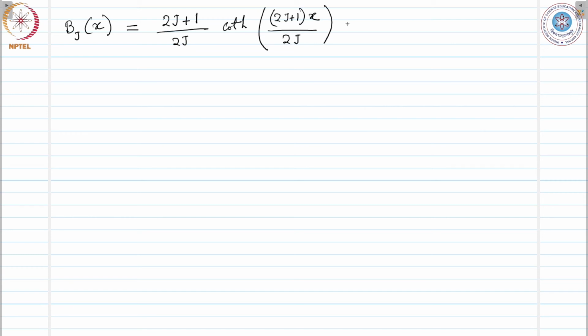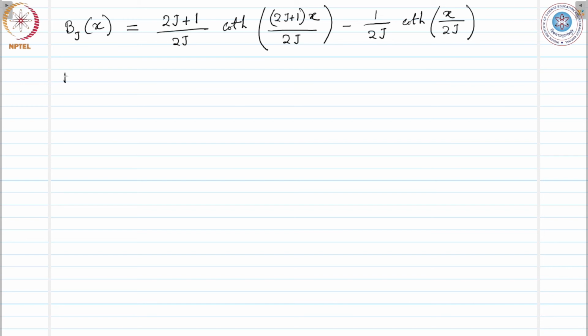B_J(x) equals 2J plus 1 over 2J coth (2J plus 1)x over 2J minus 1 over 2J coth x over 2J. This is the expression for the Brillouin function.